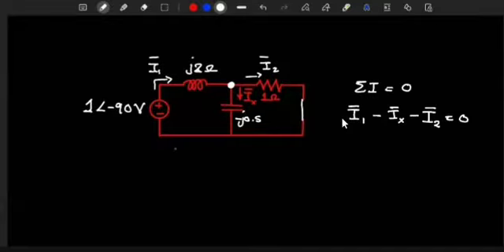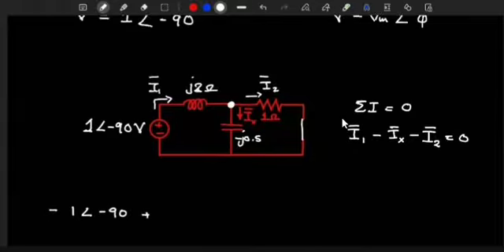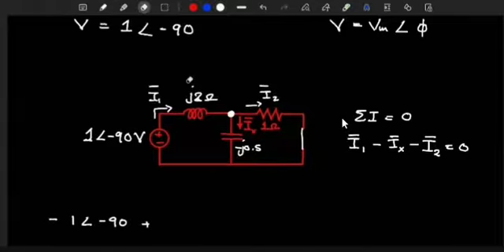Then when we use Kirchhoff's voltage law, we have minus 1 phase minus 90, and then plus the impedance times the current. We've got the bar. The bar is just a way of representing a phasor current, since we can't have it bold here.